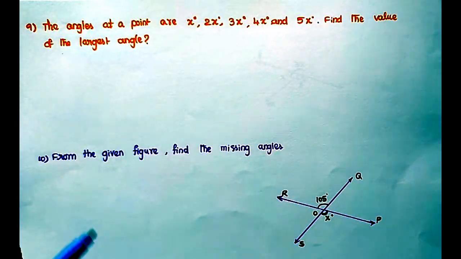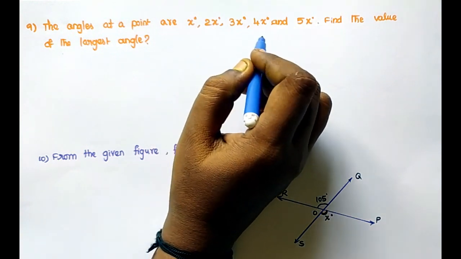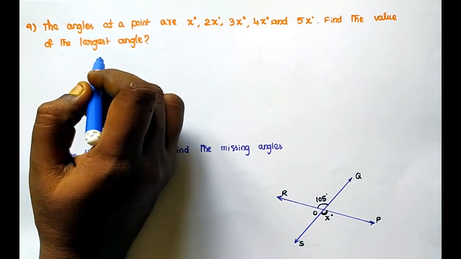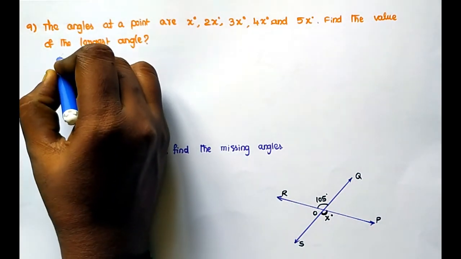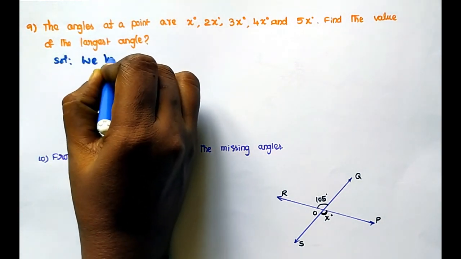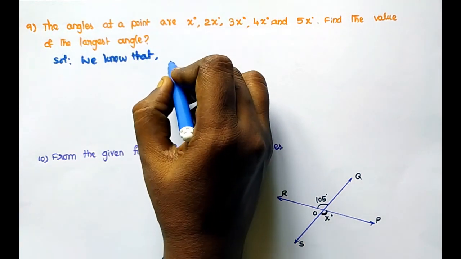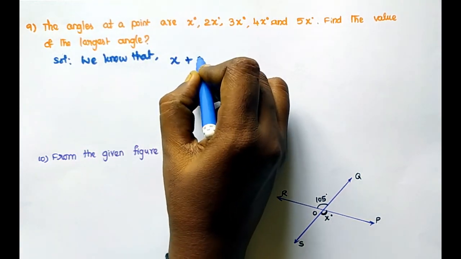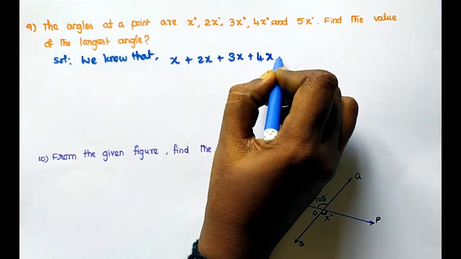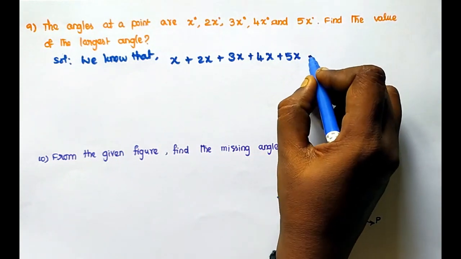Ninth sum, the angles at a point are x degree, 2x degree, 3x degree, 4x degree and 5x degree. Find the value of the largest angle. So we know that x plus 2x plus 3x plus 4x plus 5x, add these 5 angles, we get 360 degree.